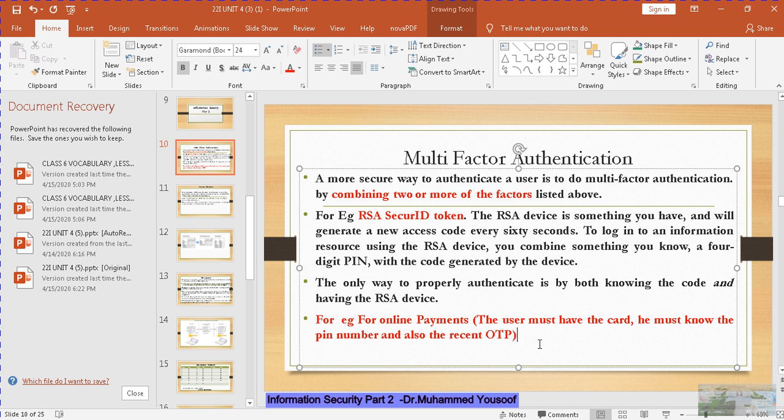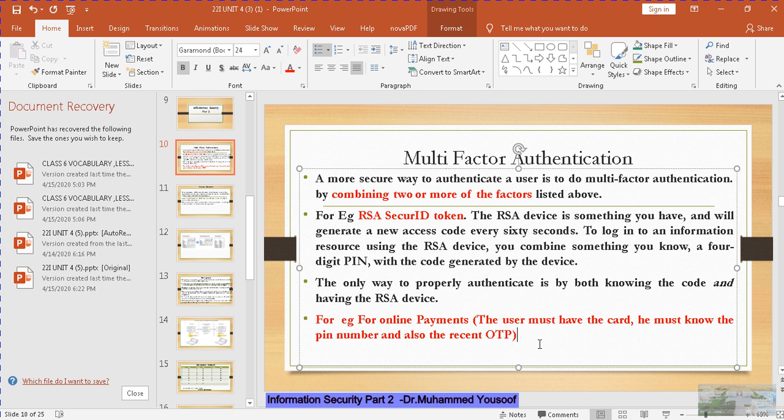The one-time password, OTP, is only valid for 2 minutes or maximum 3 minutes. That password comes to your mobile phone which is registered in the bank for this particular account. When the password comes, you enter that number also, then only the process can finish and you can do your transaction.